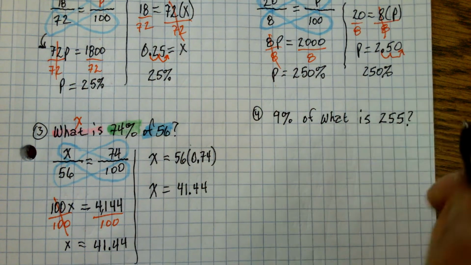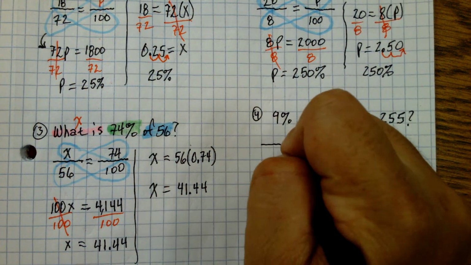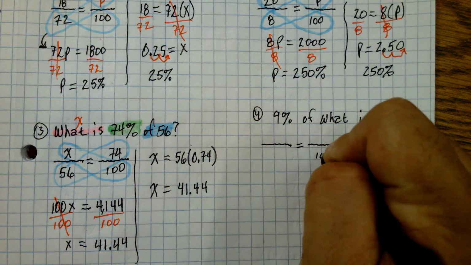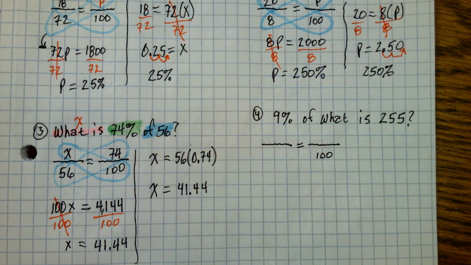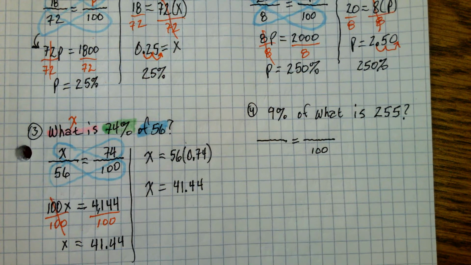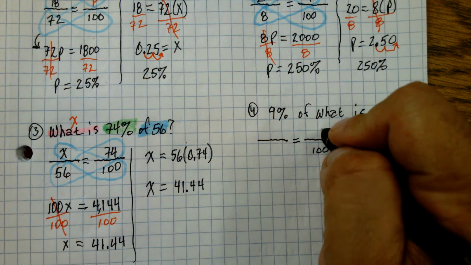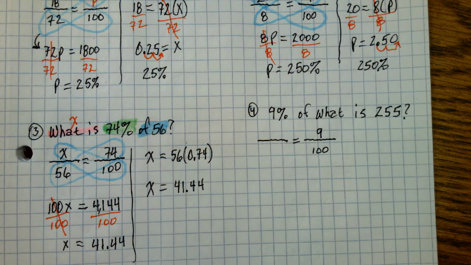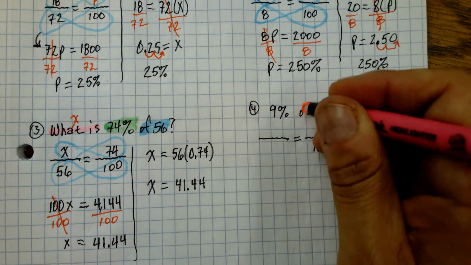Question mark. Okay. So let's see. Obviously, 9% goes here. Which one do we not know? The whole. The whole is what we don't know.